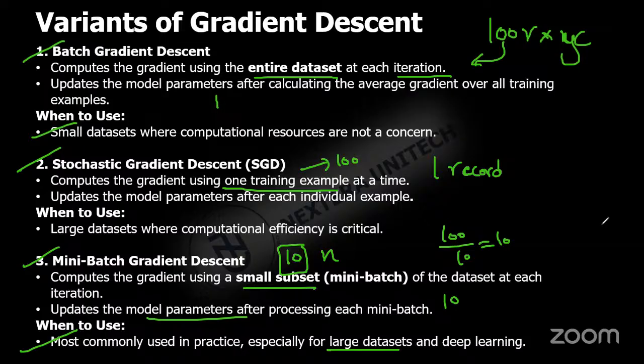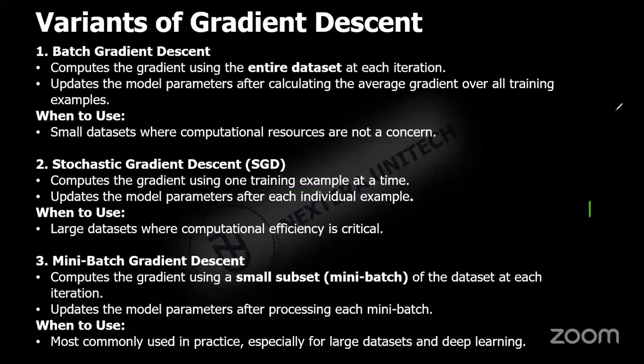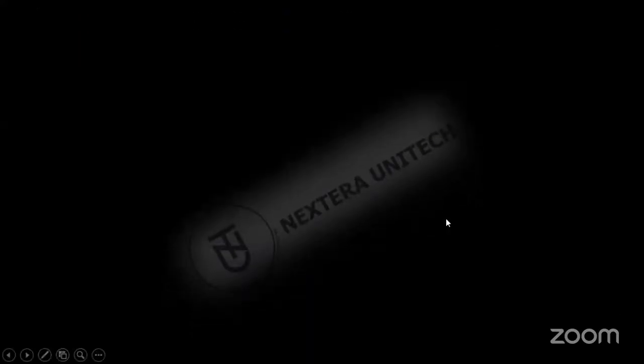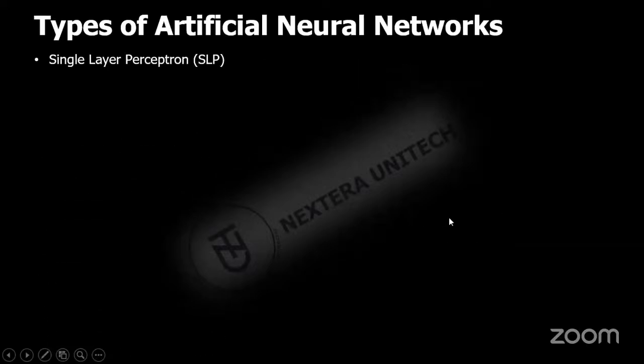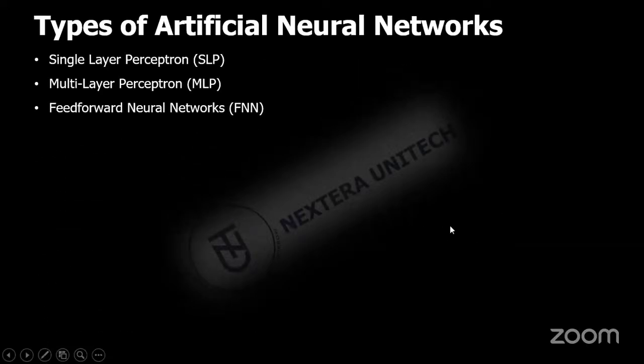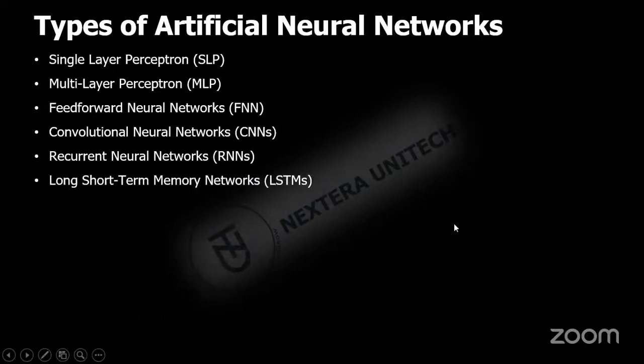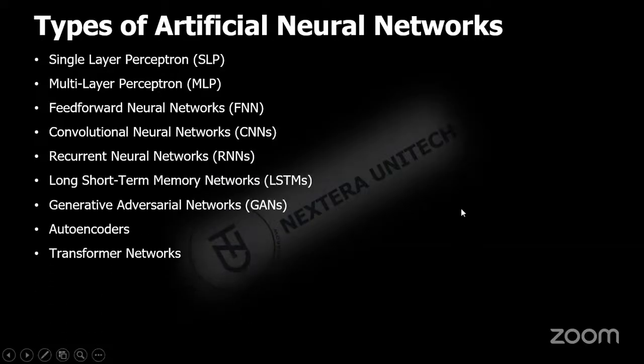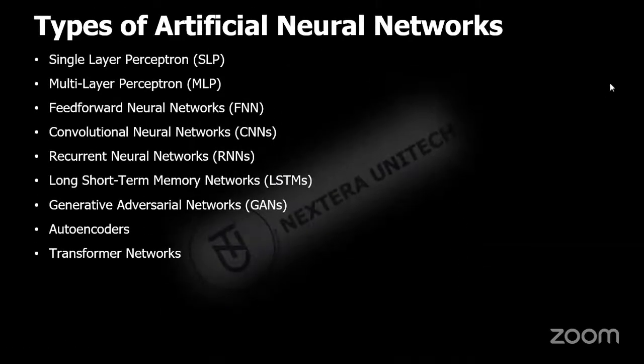Clear? Yes. So this is the overview of gradient descent variants. There are multiple types of optimizers, but as we don't have time, we are not going into the depth of optimizers. Let us finally understand the types of neural networks.